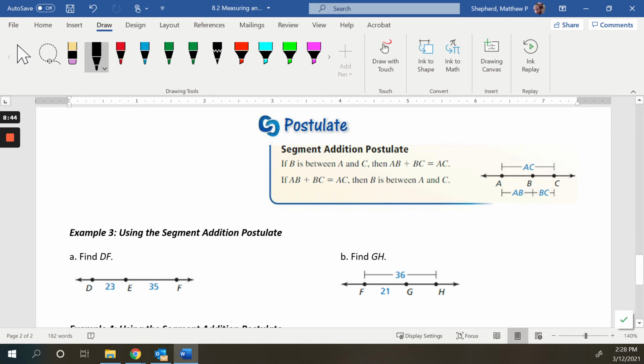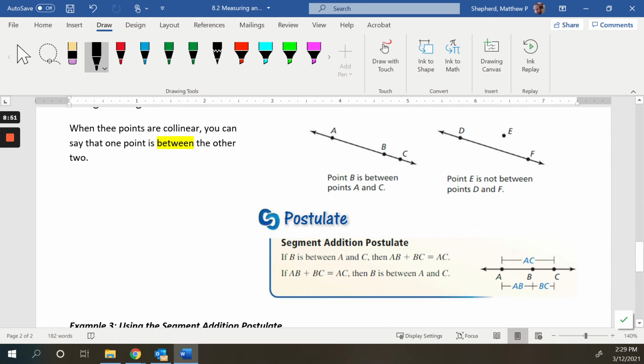So it says the segment addition postulate. And in fact, to really express how easy this can be, I'm going to first express it without all that math language, and then we'll go through what the math language is saying. So let's say that A to B here is of length 5, and B to C is of length 1. So what is the length to go from A all the way to C?